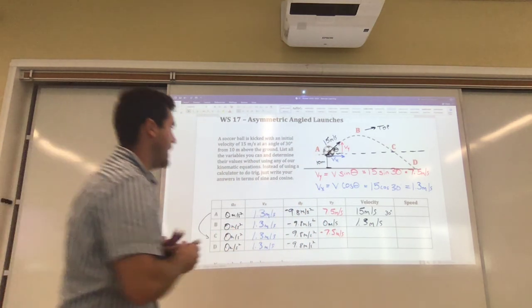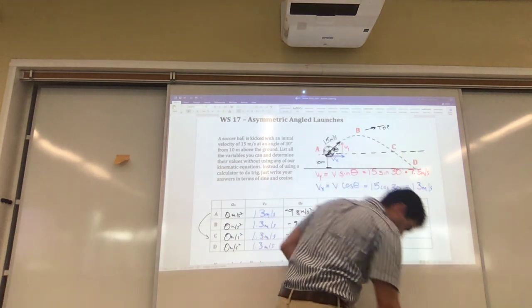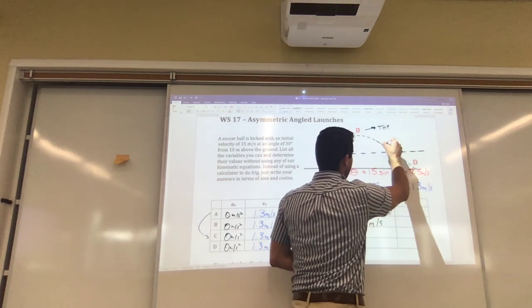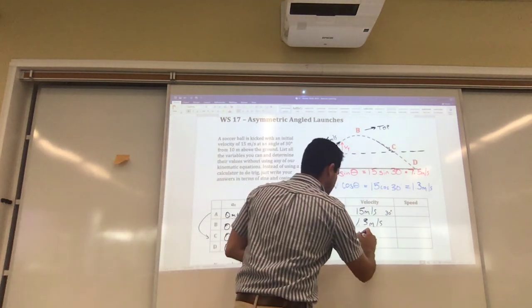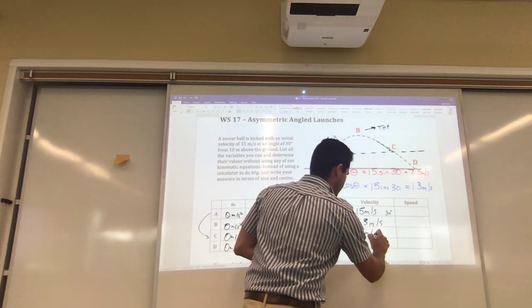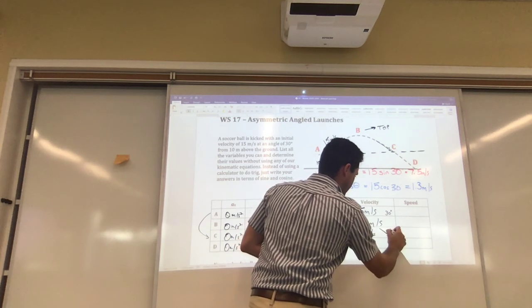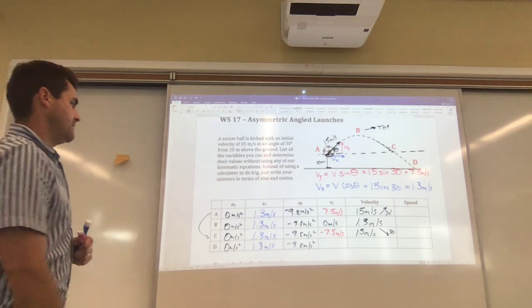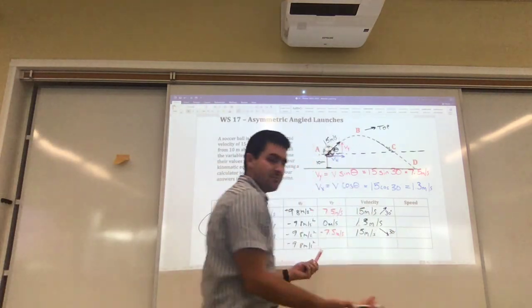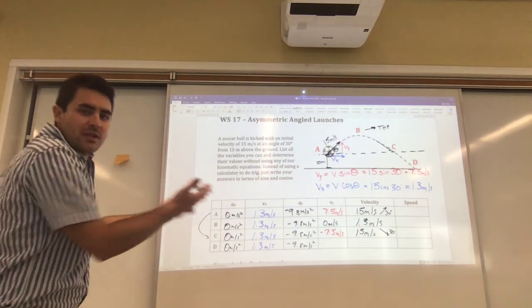And the total velocity, the resultant vector velocity, is going to be 15 meters per second downward at 30 degrees. This was upward at 30 degrees, downward 30 degrees. Holy smokes, folks. Symmetry has really helped me here.